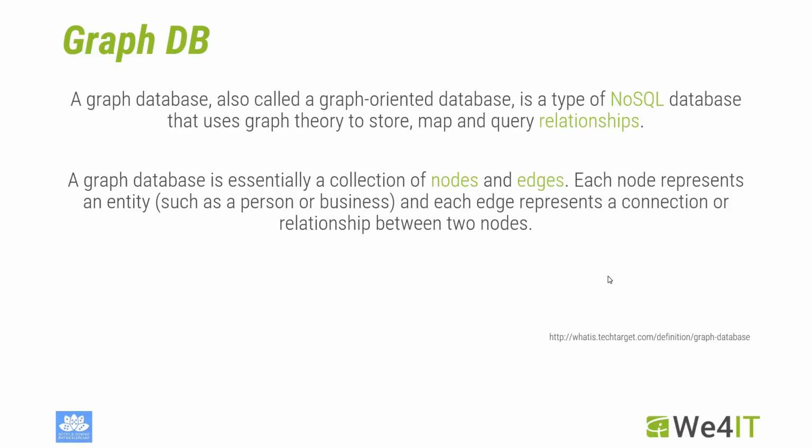This is a basic definition of what a GraphDB is all about. It is stolen from the internet, as you can see. There are tons of definitions out there of how to describe a graph database and the principle behind it. So it's basically based on a non-SQL database.